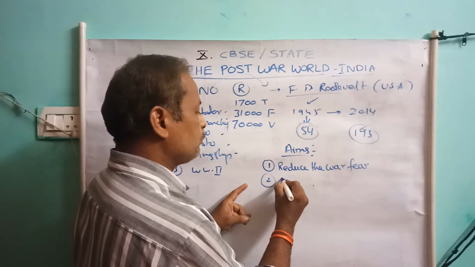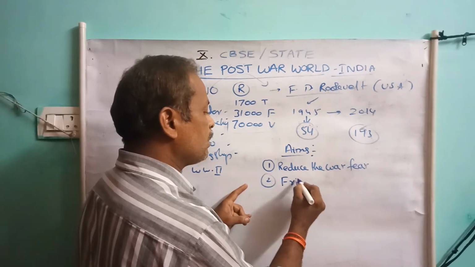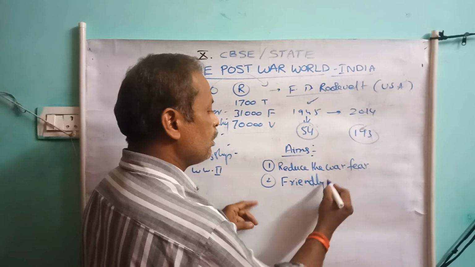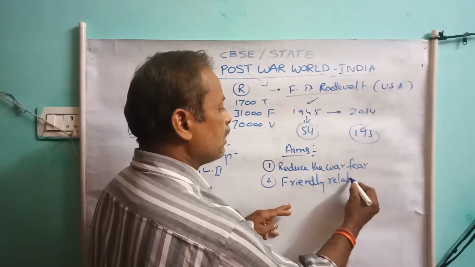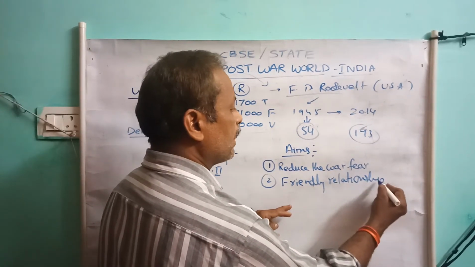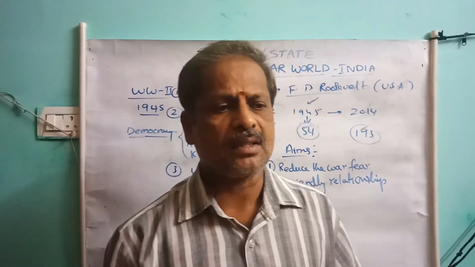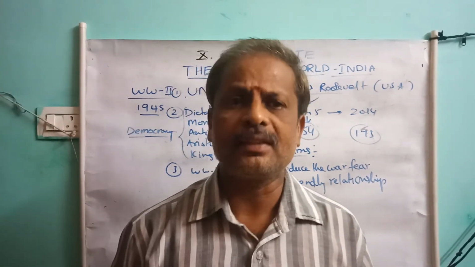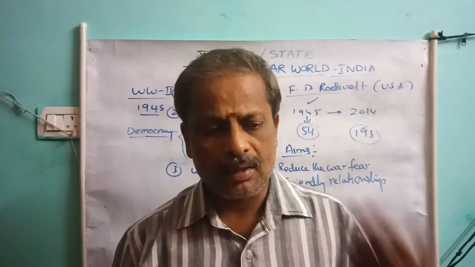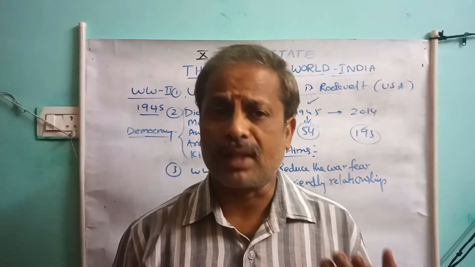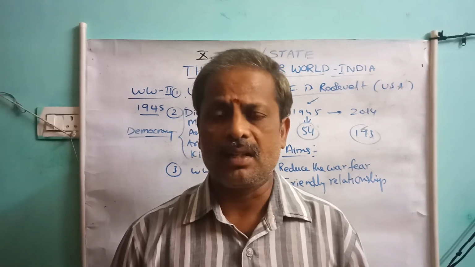And number 2, maintain friendly relationships with all the countries. This is one more important aim, because as long as all countries are sharing their views and developing friendly relationships, only then are all the countries on the safe side.